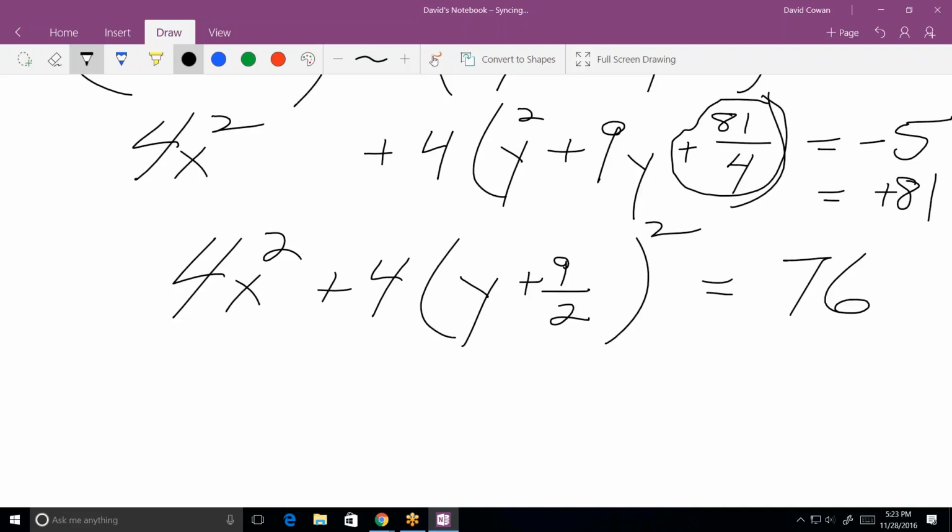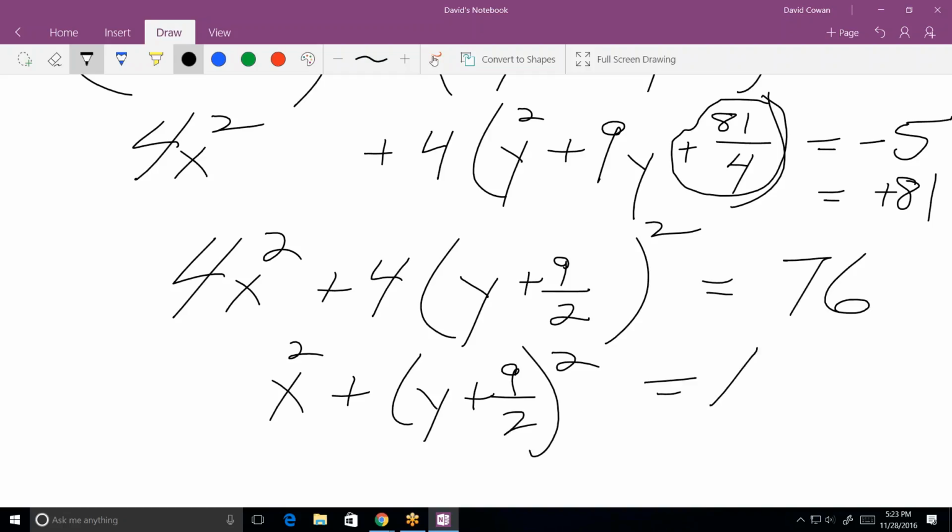All right, the square root of 76. No, I'm very close to having the answer, but I can't have any coefficients in front of either the x squared or the y squared term. Do I have to divide everything by 4? Yes. So dividing that by 4, 76 becomes 19. And there you have it.